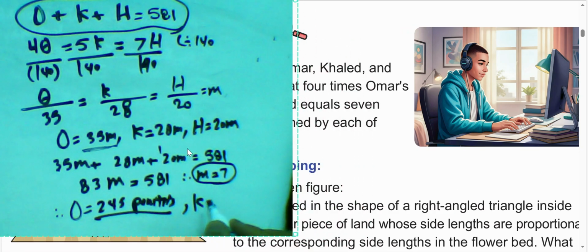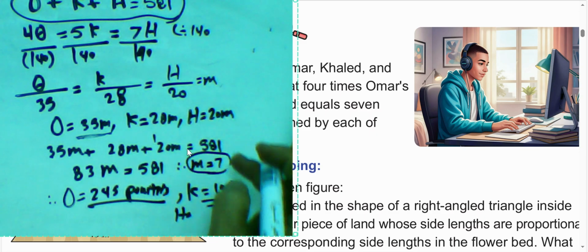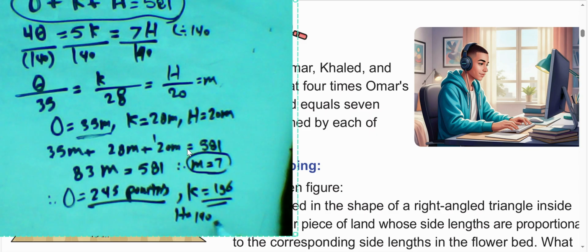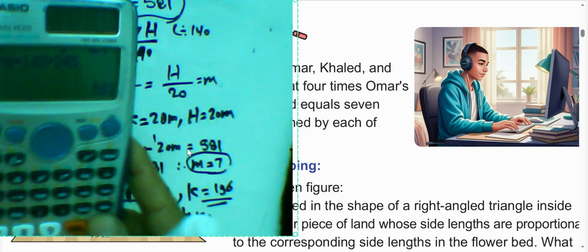And Khalid, 28 times 7, will be 196 points. And Hamza, 7 times 20, 140 points. If we add these numbers, it will be 581, the sum of all points. It's correct, okay?